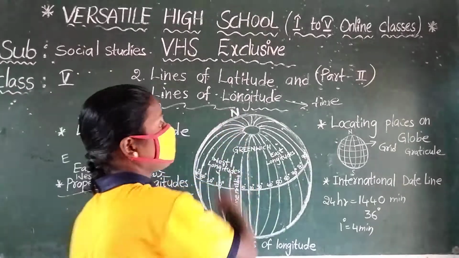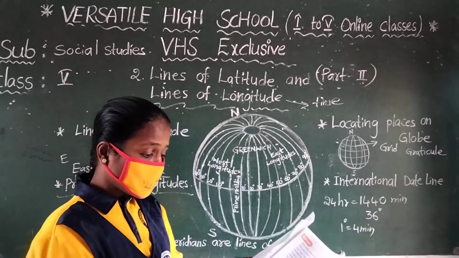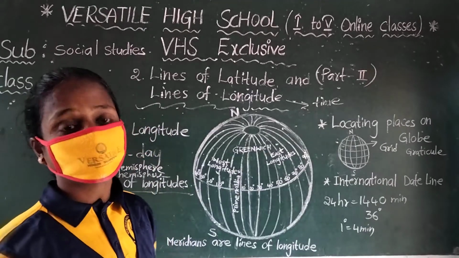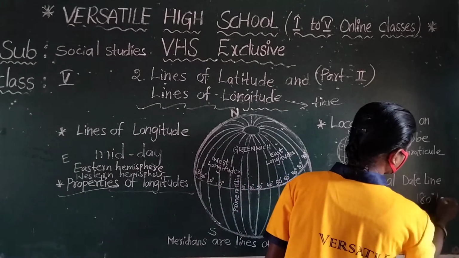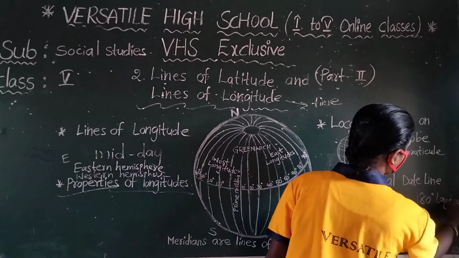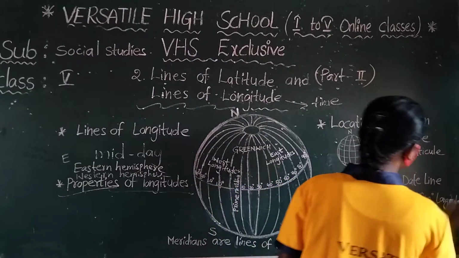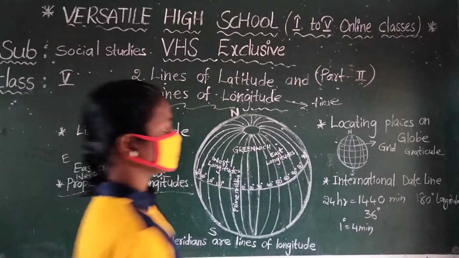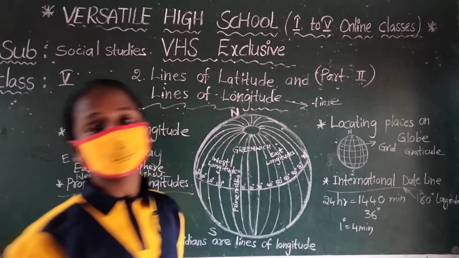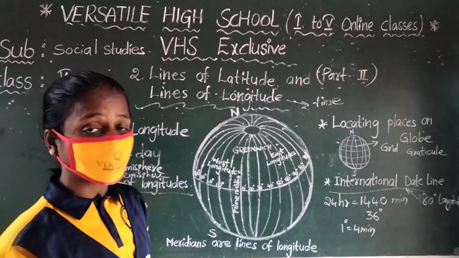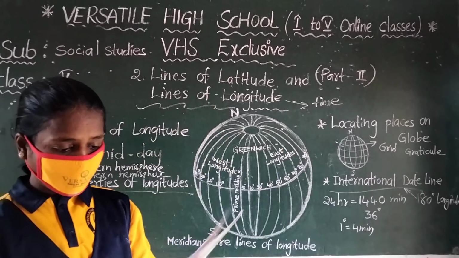What is that? Longitude. The 180 degrees longitude is called the international dateline.